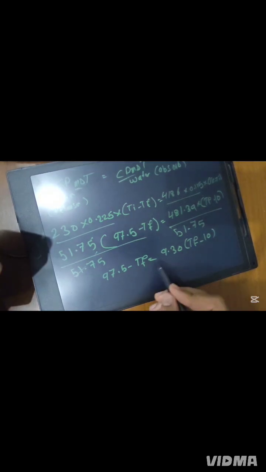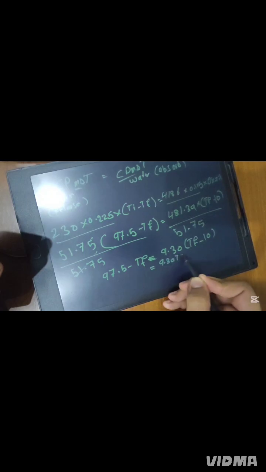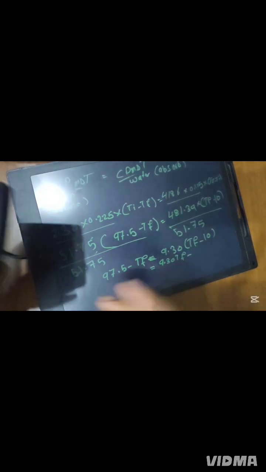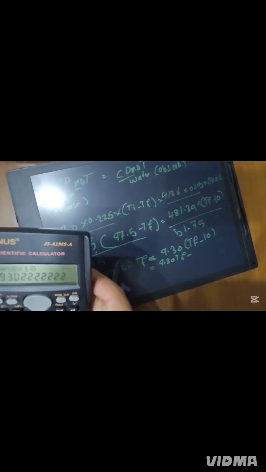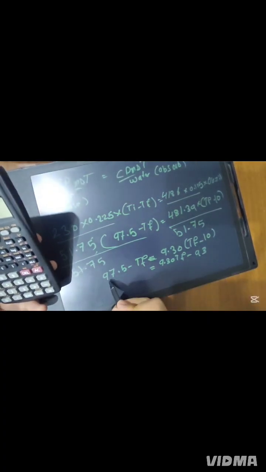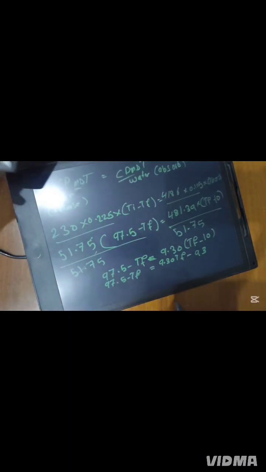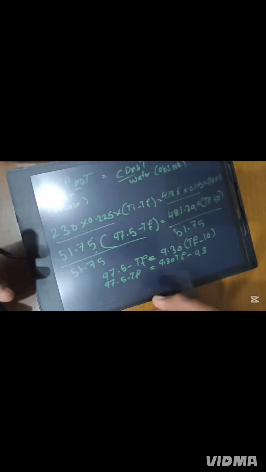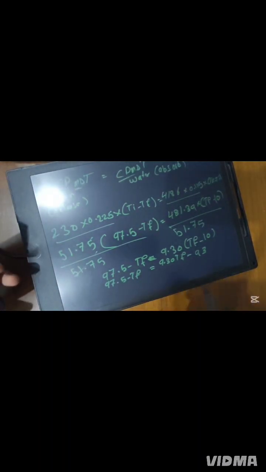Then you have to arrange the equation again. 9.30 times Tf will be 9.30 Tf, and 9.30 times 10 will be 93 only. And bring down 97.5 minus Tf. Then rearrange the equation, letters on one side and numbers on the other side.